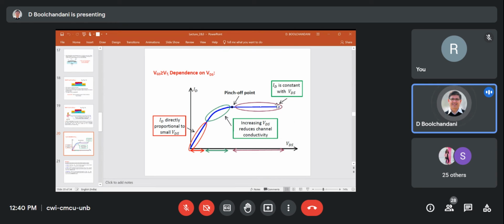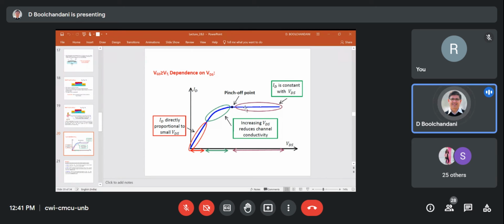And what we see is that in this region, the MOS transistor behaves as a current source. What is the property of the current source? The property of a good current source is that its resistance is infinite.